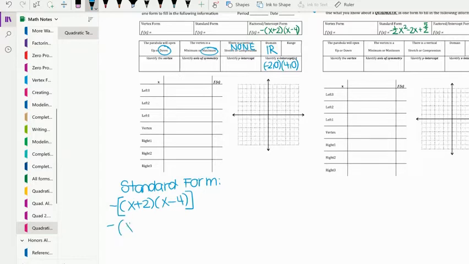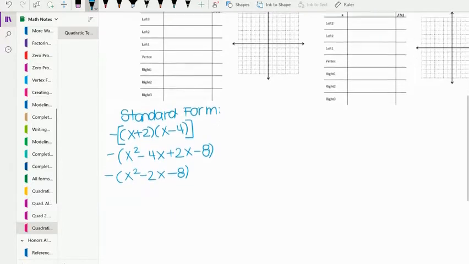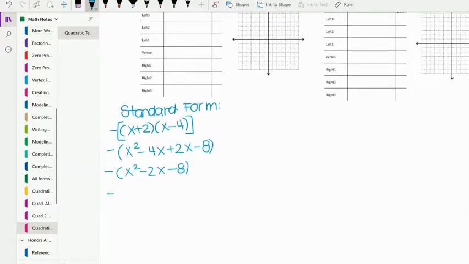So this would become x squared minus 4x plus 2x minus 8. Then I'm going to combine like terms, so we get x squared minus 2x minus 8. And then I'm going to distribute that negative. So we get -x squared, positive 2x, and a positive 8.